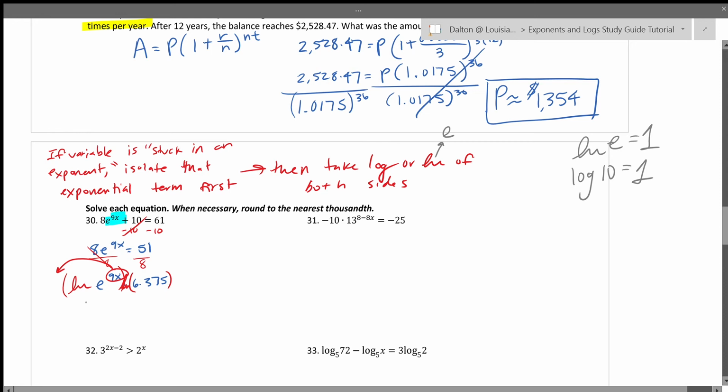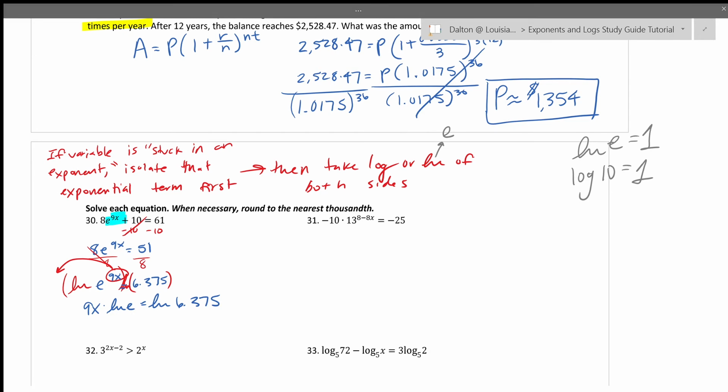So then that 9x comes out in front, times the natural log of e remains, equals, on the right hand side, the natural log of 6.375. As I mentioned a second ago, the natural log of e is equal to 1.